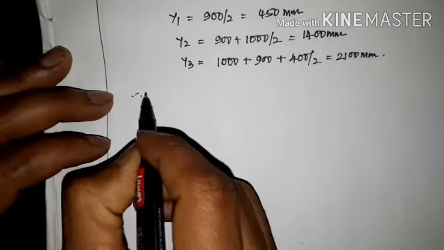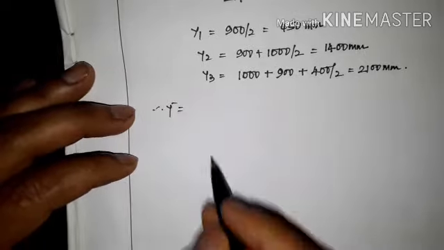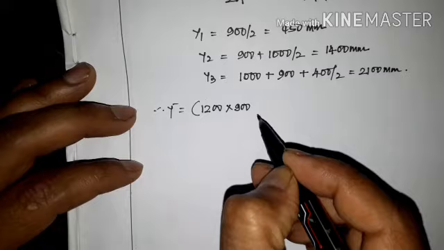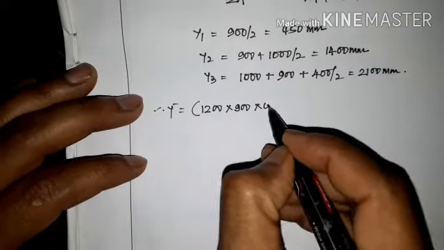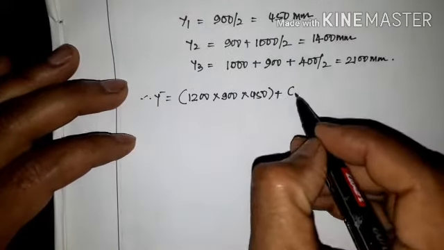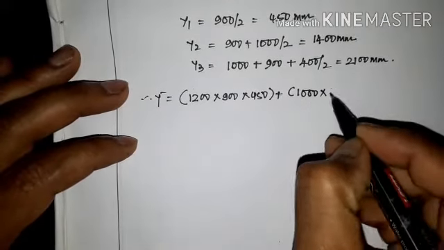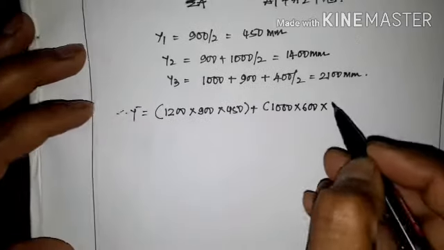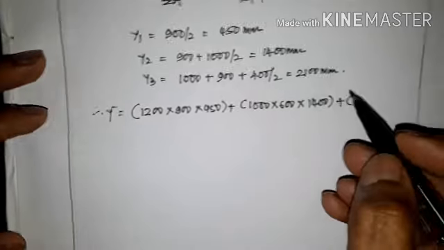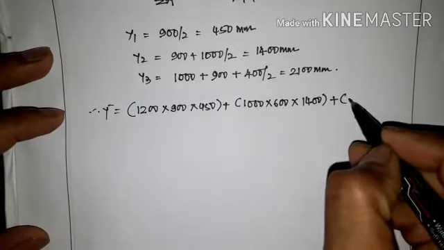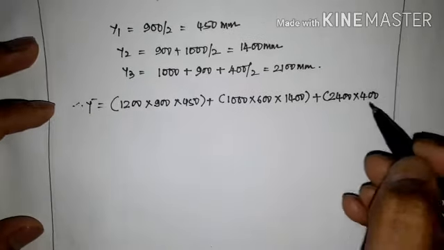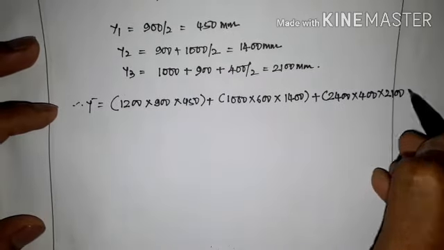Therefore y bar is equal to a1 y1, so a1 is 1200 into 900, into y1 is 450, plus a2 y2, so that is 1000 into 600, that is the web, and y2 is 1400, plus a3 y3, so 2400 into 400 into 2100.